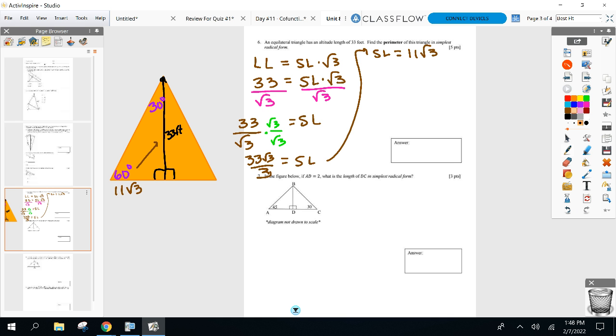So now I go to the hypotenuse rule: 2 times shorter leg, 2 times 11 radical 3. So the hypotenuse is 22 radical 3. One side is 22 radical 3, meaning all 3 sides are 22 radical 3. Add them up: 22 radical 3 plus another 22 radical 3 plus another 22 radical 3, and you get 66 radical 3 for your perimeter. That was a pretty involved one.